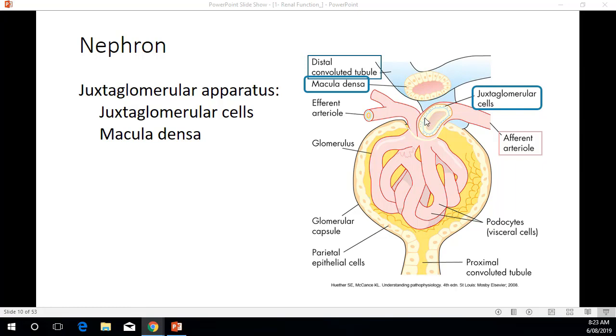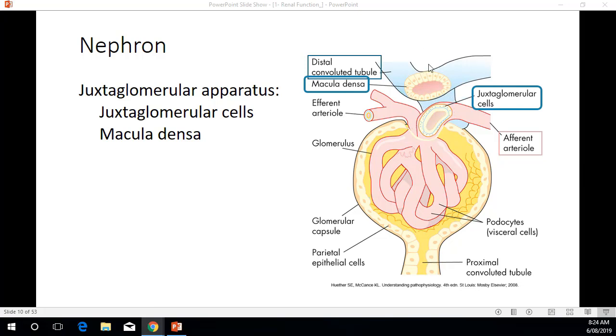These cells will detect any change in the blood flow. If there is a decrease in blood flow, these cells will produce an enzyme called renin, which will then convert angiotensinogen into angiotensin 1, and then there are other components in that system which I will come to later. But the main function here is production of renin.